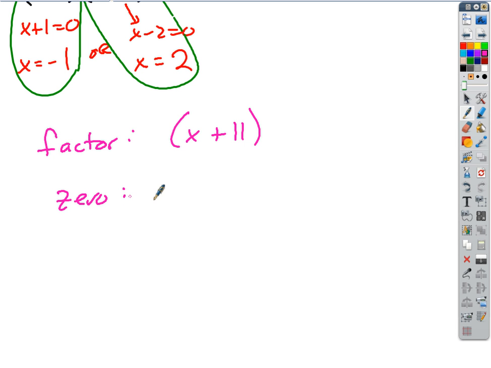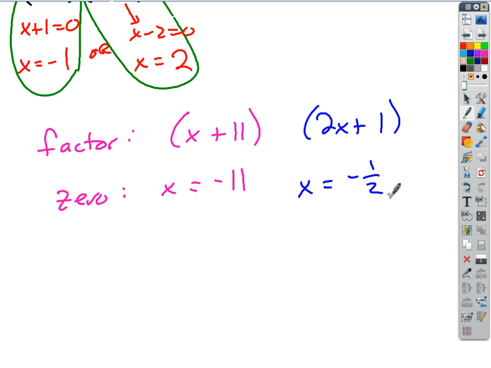The zero is x equals negative 1. Okay, this time the factor is going to be... whoops. What is it? Yeah, because if I set that equal to 0, I subtract 1 and divide by 2. Right?